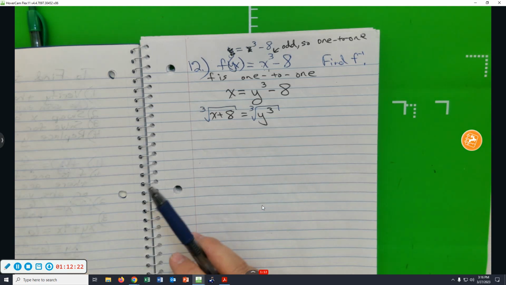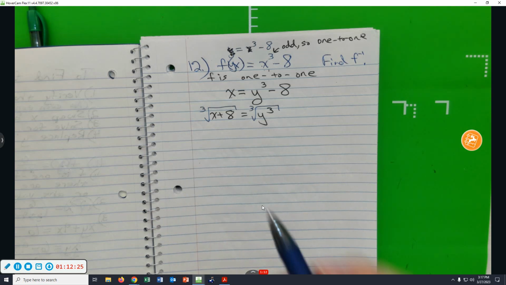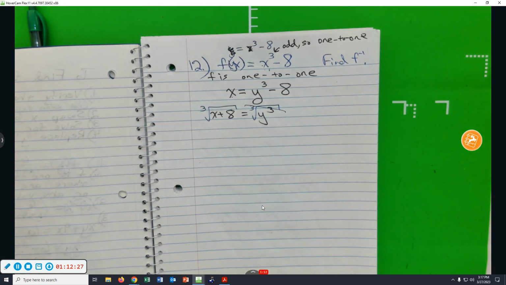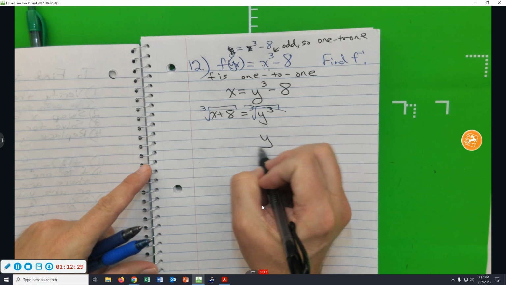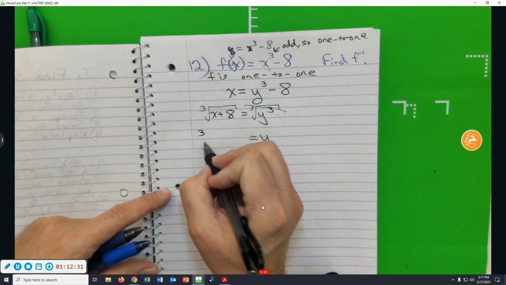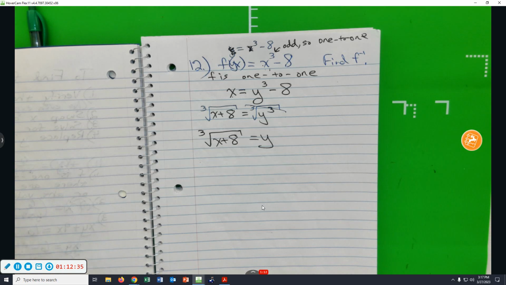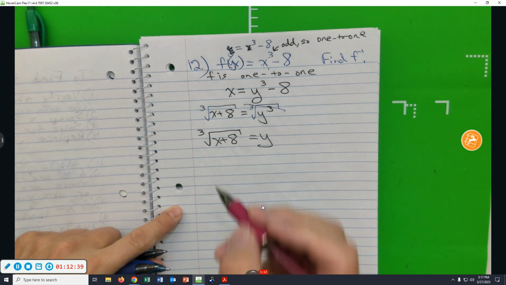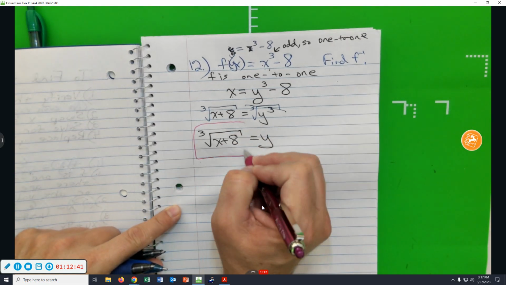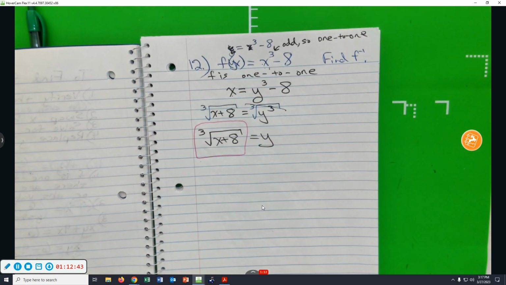You perform them consecutively; they cancel each other out, and you're left with just y equals the cube root of x plus 8. I'm feeling lazy, so I'm not going to replace y with that f inverse notation. I'm just going to box in that expression right there.